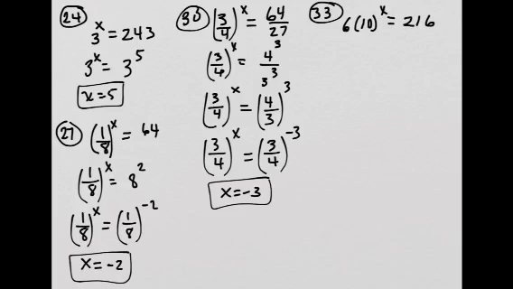So the first thing I'm going to do is divide by 6. So that leaves you with 10 to the x equals 36. And I can't do the same thing I did on 24 where I got the same bases on both sides, right? Or on 30 or 27. I can't do that.